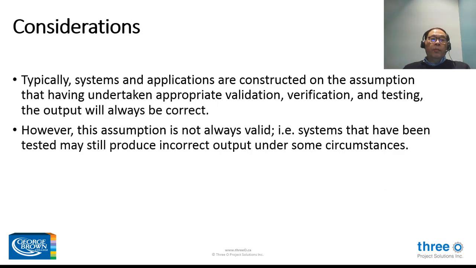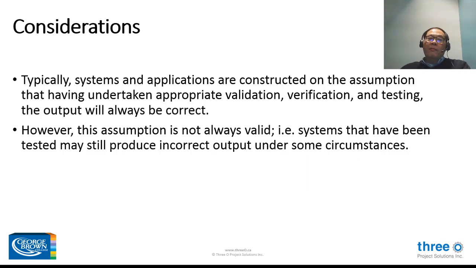A typical consideration is that systems and applications are constructed on the assumption that, having undertaken appropriate validation, verification, and testing, output will always be correct. If input is always validated, and modification and deletion are always controlled and authorized, then the output can be more reliable because you are stopping all the bad input that would jeopardize integrity.